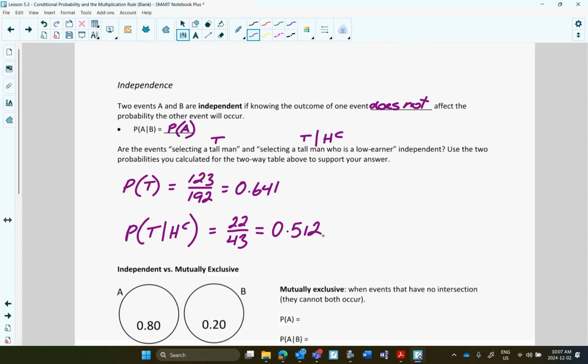If this worked out to 0.641, these two would be independent. So we would say, and this is really all you have to say, because 0.641 does not equal 0.512, these events are not independent.